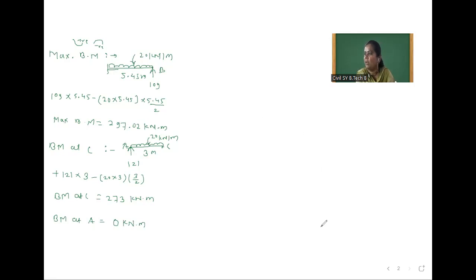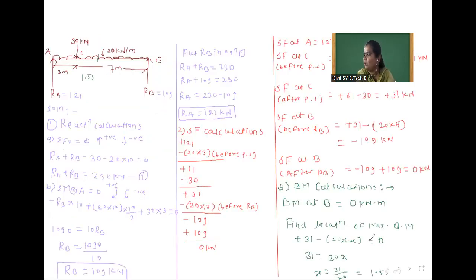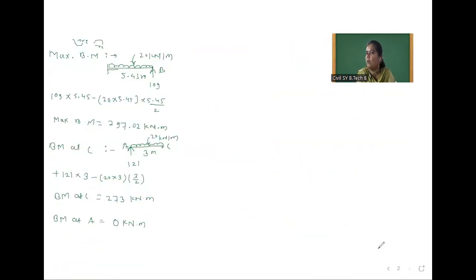And we have calculated bending moment at B. How much is bending moment at B? 0. So here you have to cross verify. We calculated the value of maximum bending moment, but is this value maximum or not? This is maximum, so our calculations are correct.